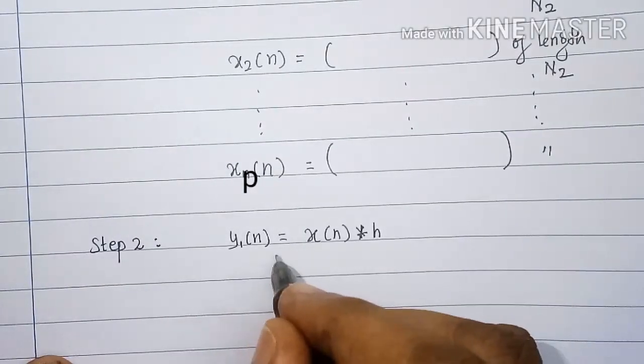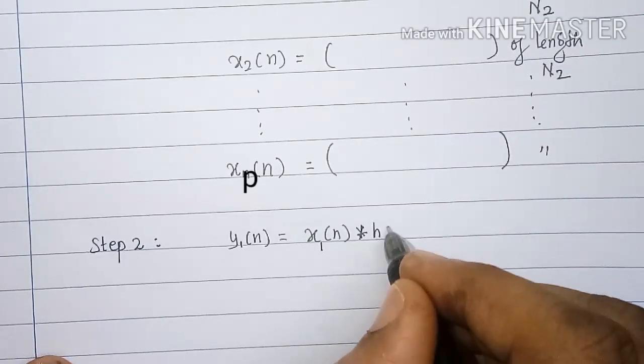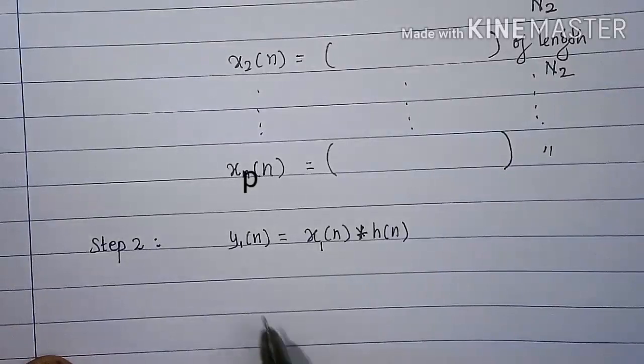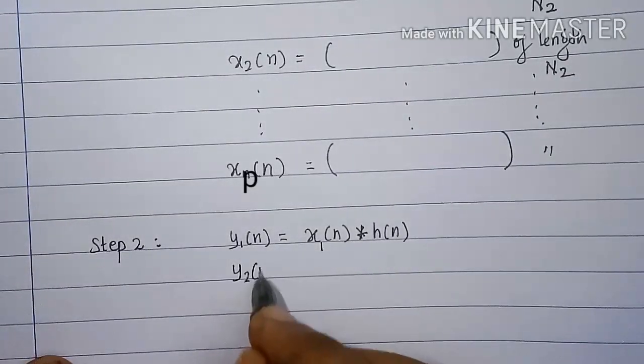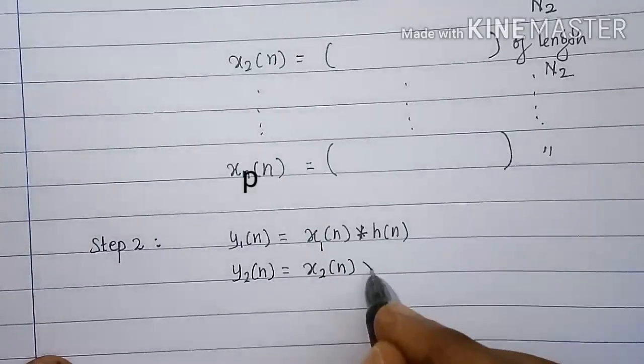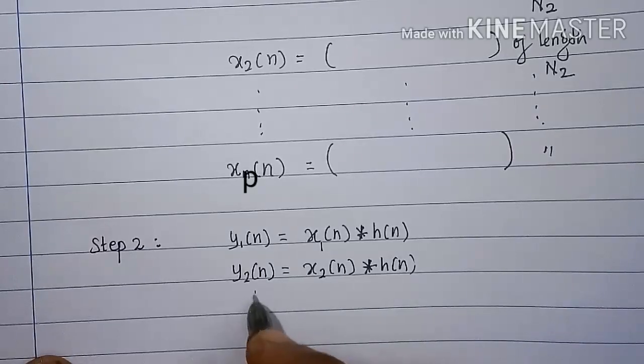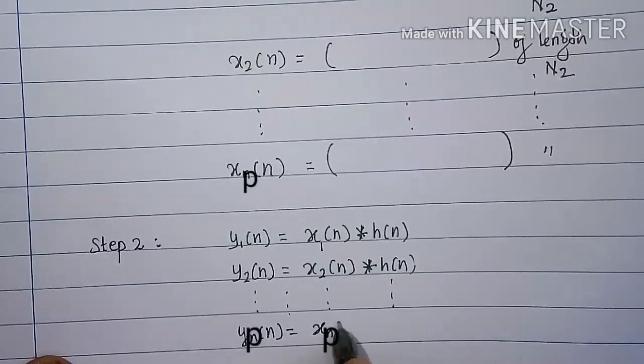That is y1 of n equal to x1 of n convolved with h of n, y2 of n is equal to x2 of n convolved with h of n and so on up to yp of n equal to xp of n convolved with h of n.